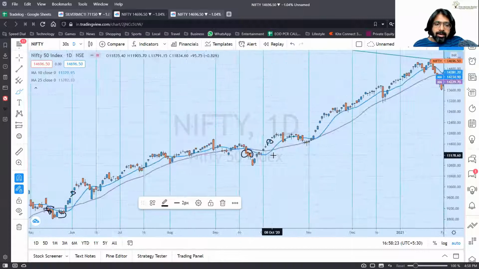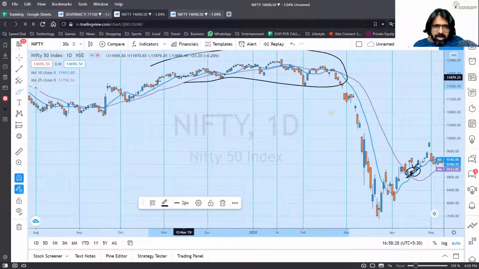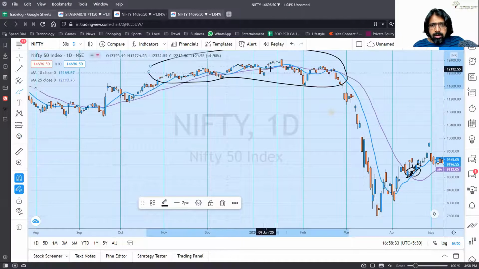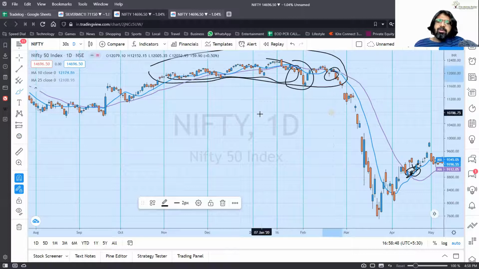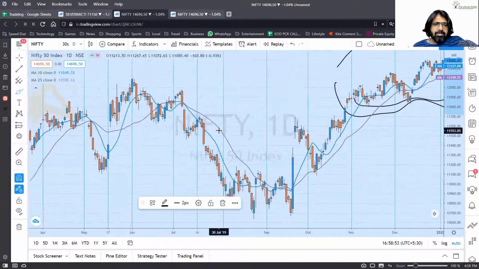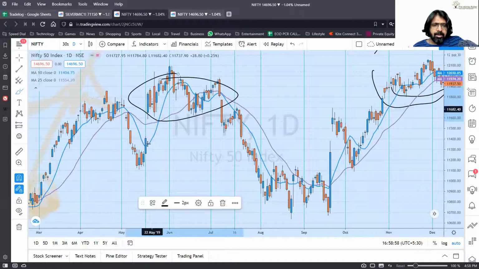This will work well in all phases except this phase, where you will get a lot of buy-sell signals. Here it's still pretty good actually. Blue is still managing to stay above purple out here. Here you got trapped once. Here you almost didn't get trapped. Wow, so this 10 and 25 is a pretty good pair. But sometimes in a sideways market like this, you tend to get trapped in such trades.